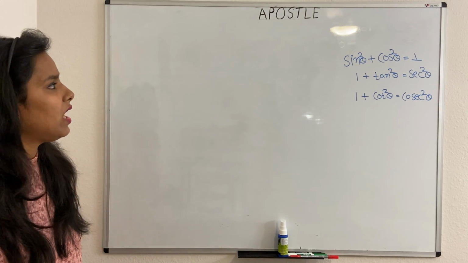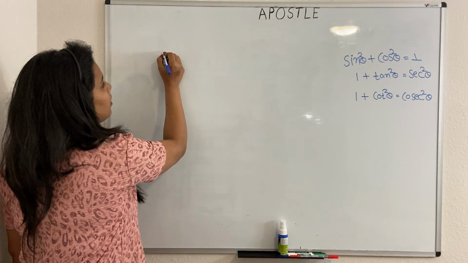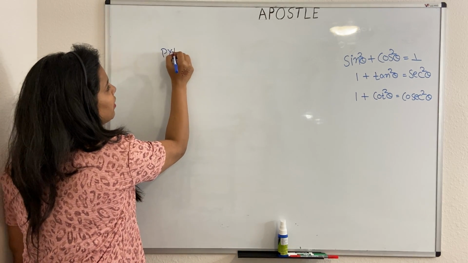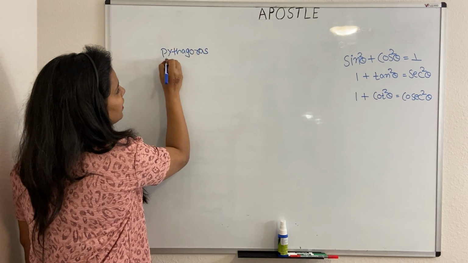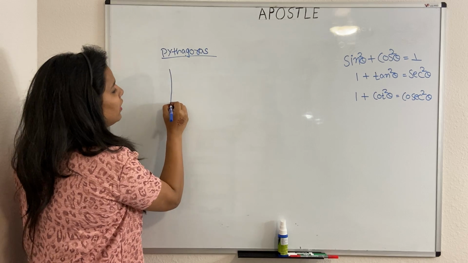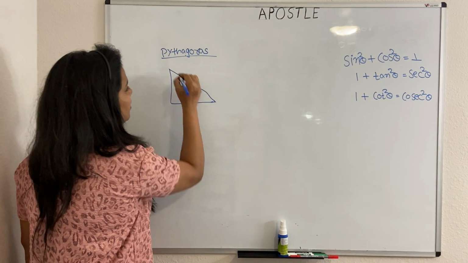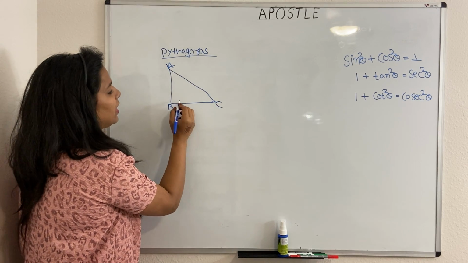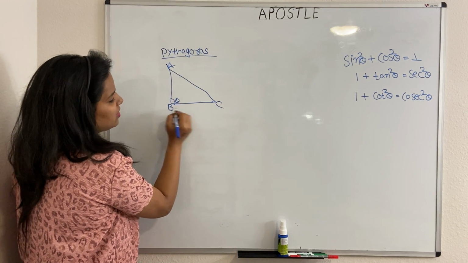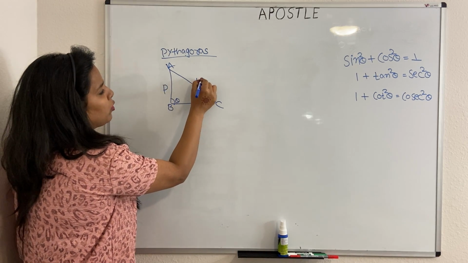First of all, everyone knows what the Pythagoras theorem is. If this is our triangle ABC, and our theta is here, then the base is BC, the perpendicular is this, and the hypotenuse is this.